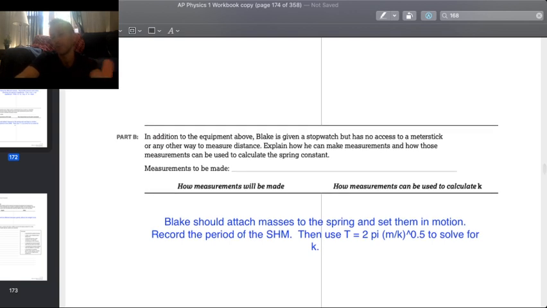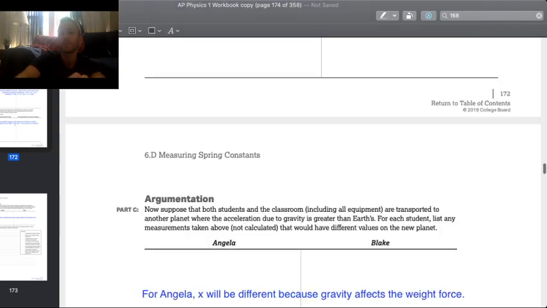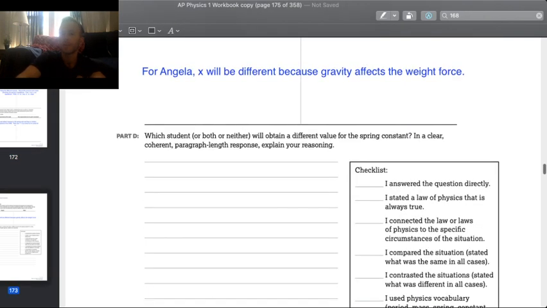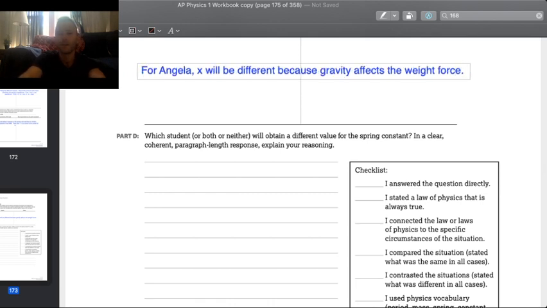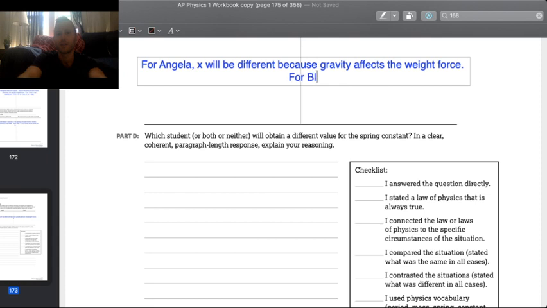So the period of the simple harmonic motion is going to be exactly the same, even if it's on an alien planet. So I would say for Blake, the experiment proceeds as usual.